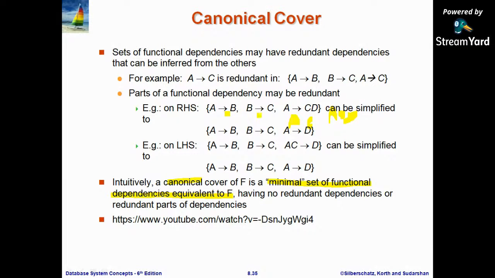It is not required to keep A tends to C now, so you can remove it. So you can simplify it as A tends to D. The information which is required needs to be kept, but the additional information should be removed. That is a canonical cover.